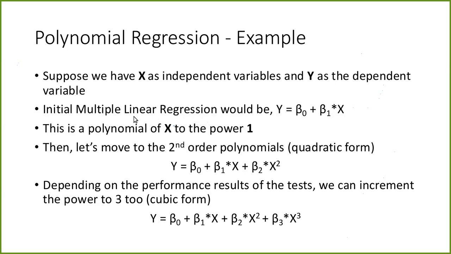We are talking about simple linear regression, right? So we only have one x variable, and then we add the power. In the second iteration, we take beta 0 plus beta 1 x, that is there, and then we add the new term, beta 2 x square, another parameter, and x square.